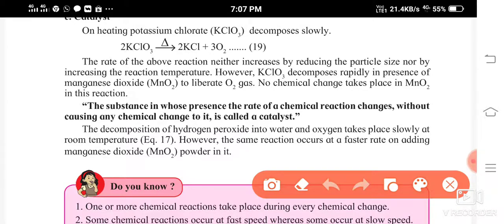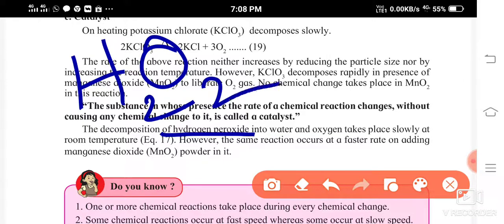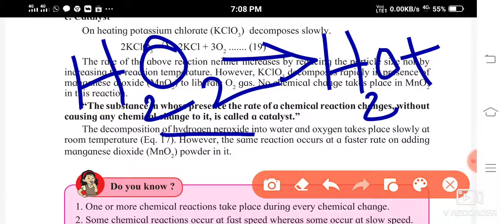However, the same reaction occurs at a faster rate on adding manganese dioxide powder to it. Here is one more example where manganese dioxide acts as a catalyst. The decomposition of hydrogen peroxide, H2O2, into water and oxygen.